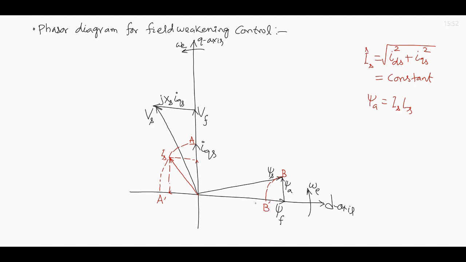So, at point B dash what happens? This is the psi A, psi A is here, and this is the psi S dash. Okay.